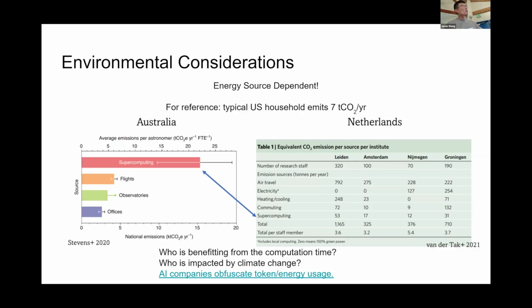And now, just new for this year, AI has barged onto the scene as a very large consumer of energy. One of the challenges of AI is its inherent energy use, but the other is that these AI companies right now are kind of purposely obfuscating their token and energy use.